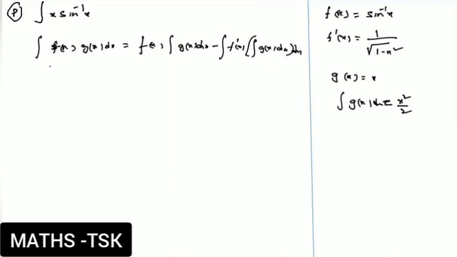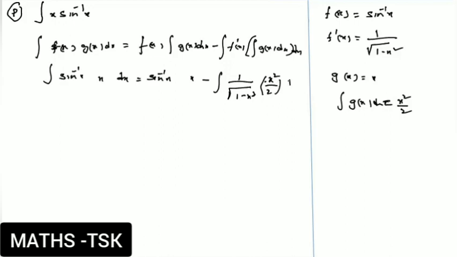Now substitute in it: f of x we write as sine inverse of x, g of x as x, minus integration of f dash of x, which is 1 by root of 1 minus x square, into integration of g of x dx, which is x square by 2, dx.